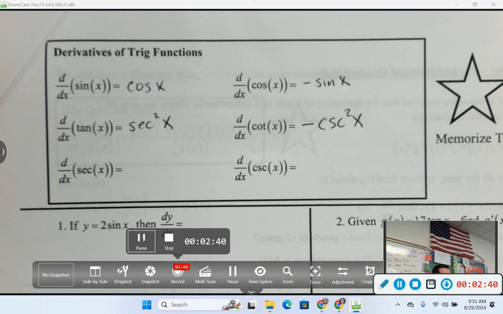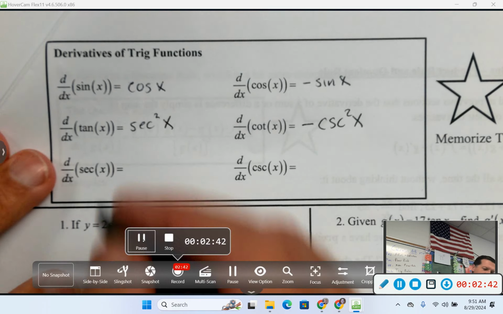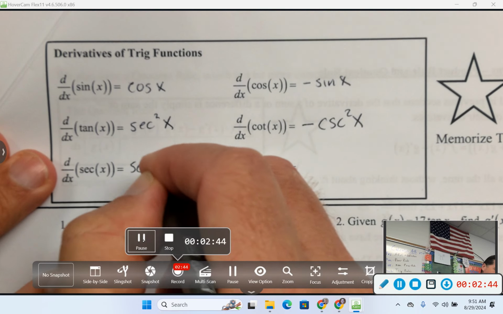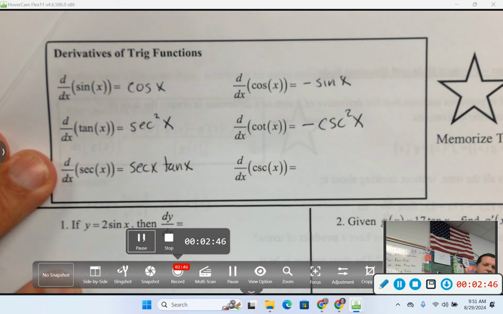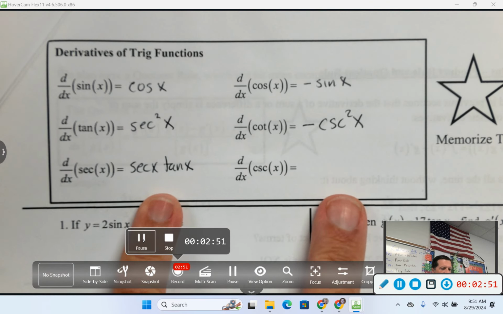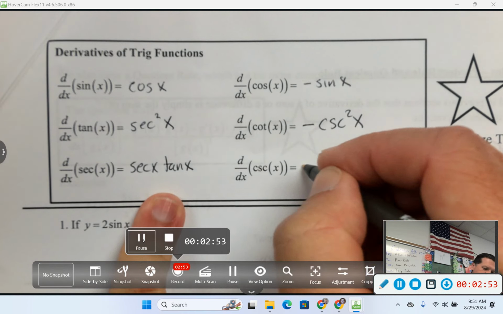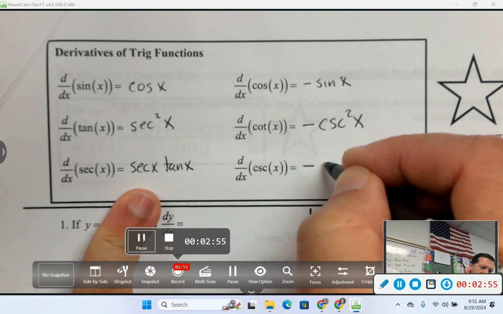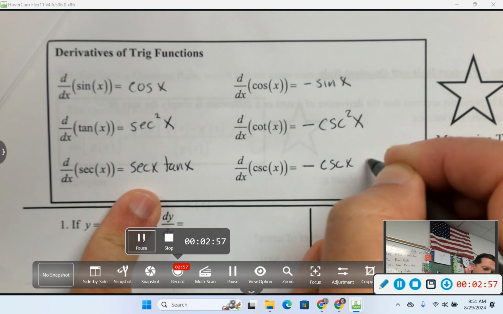Anybody remember the derivative of secant? Secant tangent. Which means the derivative of cosecant then is negative cosecant cotangent.